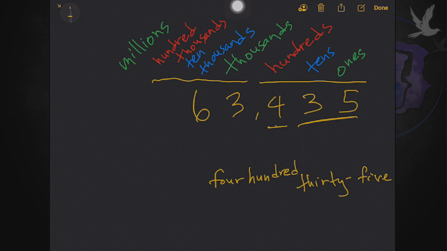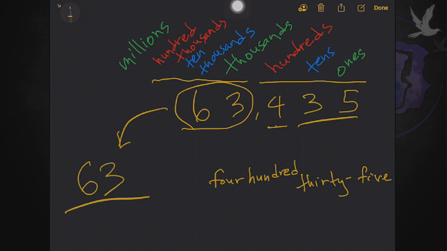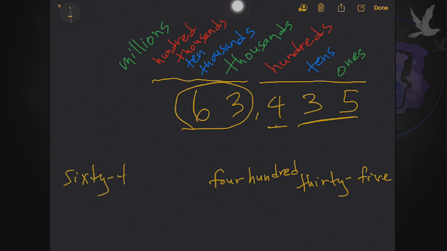We also have this number over here, as you can see. If I'm going to separate this number here just for us to be able to see it clearly, 6, 3. How do you read this number alone? Like how you read the best friends on the basic units family. So you would read this as 63. Correct. 63 what?